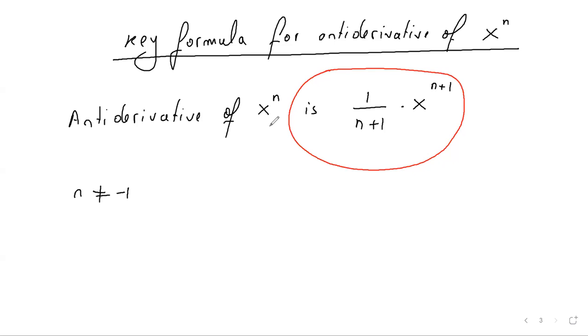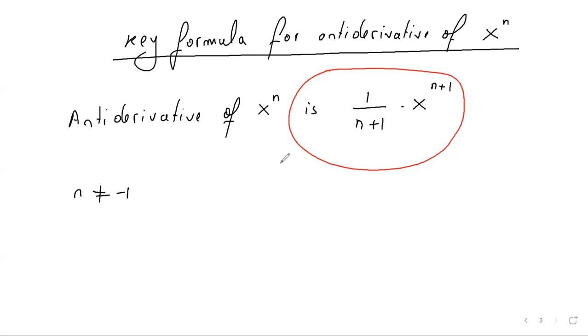In Calculus 2, however, you will get the necessary tools to learn what the antiderivative of 1 over x is. And I can tell you right now that it is the natural log of x. In Calc 1, we are going to assume that n is never equal to negative 1.